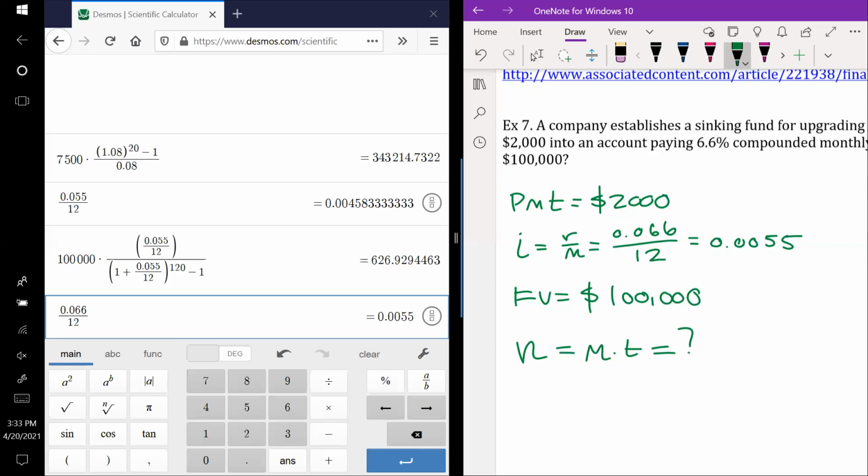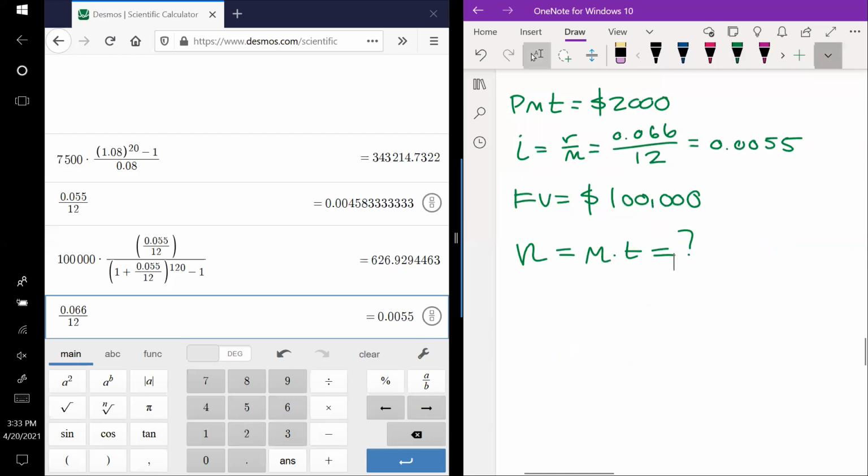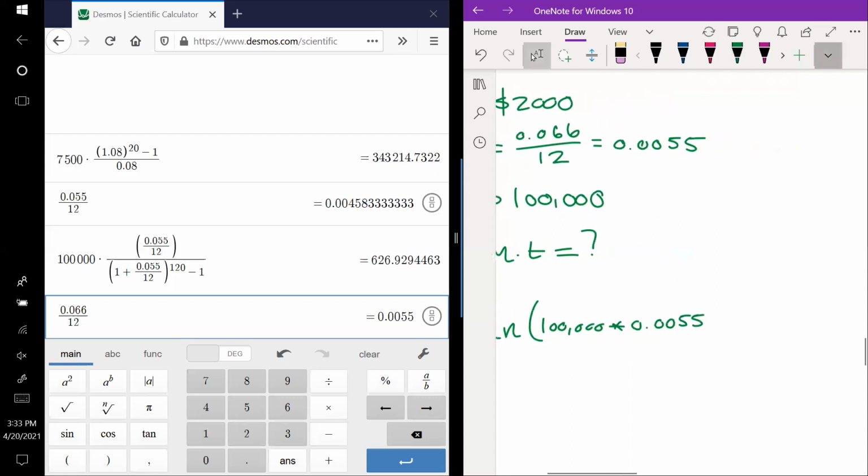Okay, so now let's plug this in for the formula for N, which deals with all those natural logs. So you're going to get N equals the natural log of your future value, 100,000, times I, 0.0055, plus your payment of 2,000. So plus 2,000.